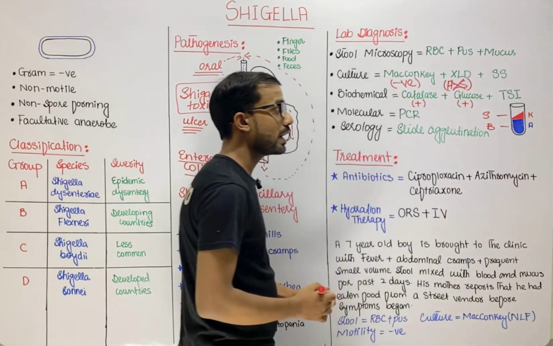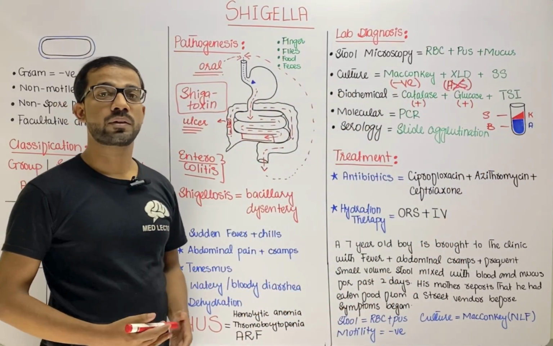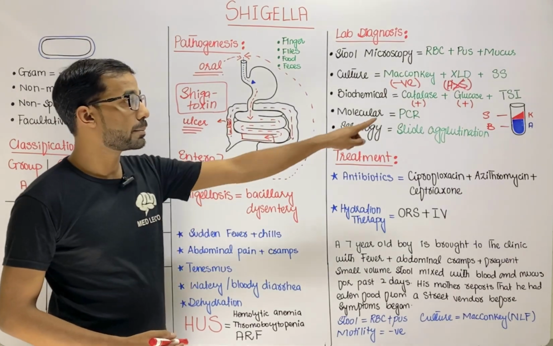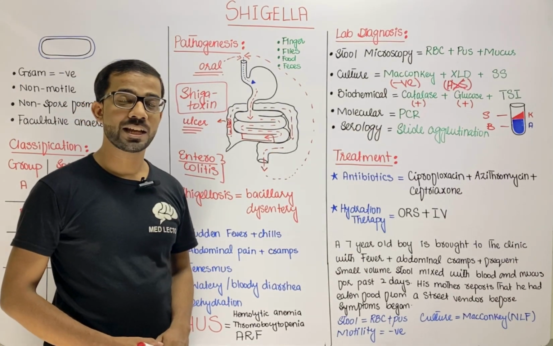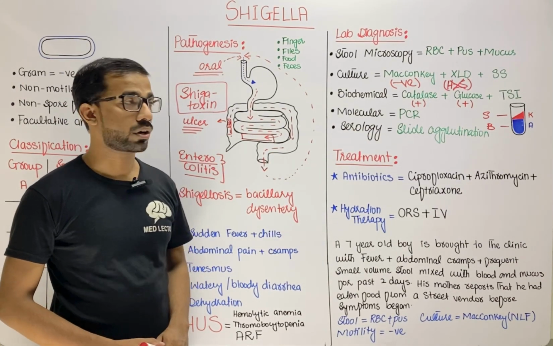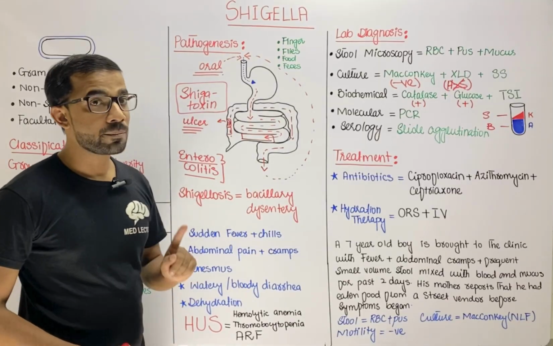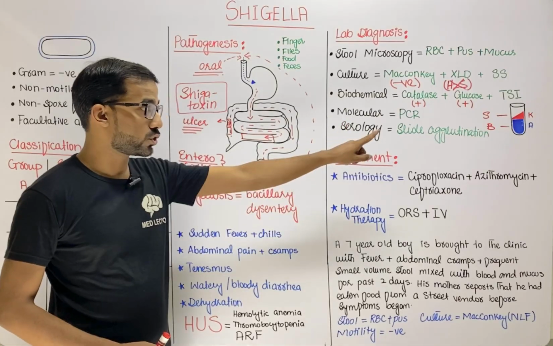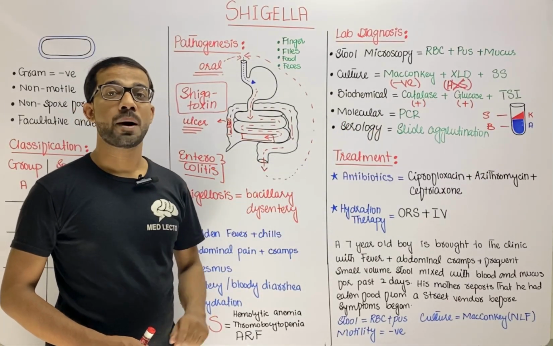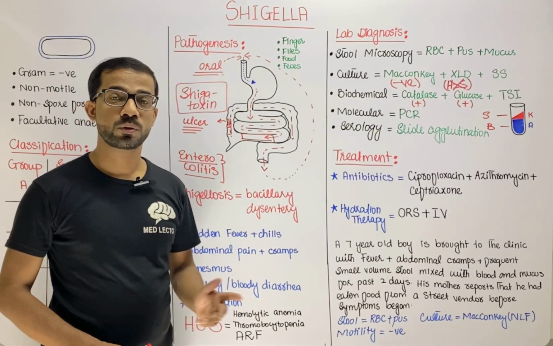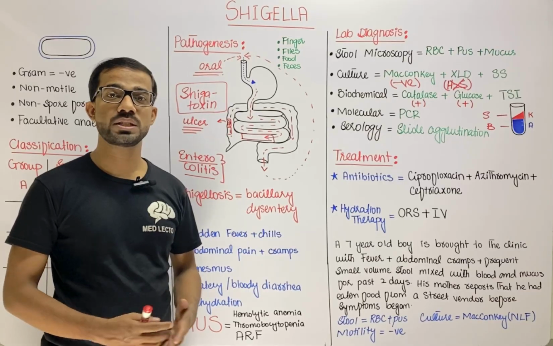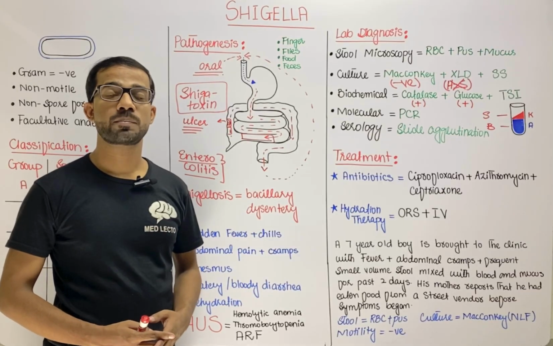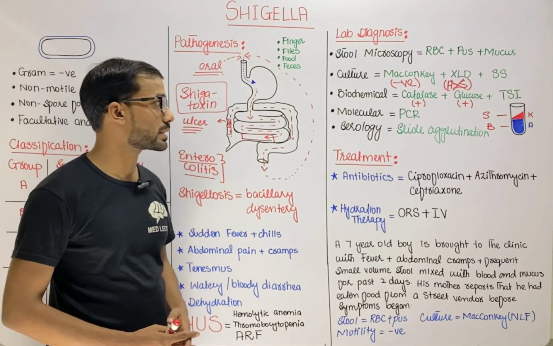At the slant, it is alkaline and it produces red color, and at the butt it is acidic in nature and it produces yellow color. An important thing: there is no gas production in the test tube, and there is no blackish color produced by hydrogen sulfide, because this bacteria doesn't produce any hydrogen sulfide gas.